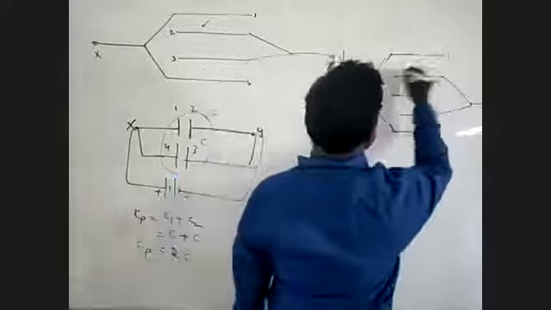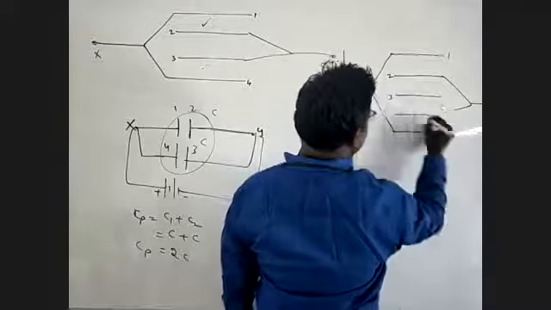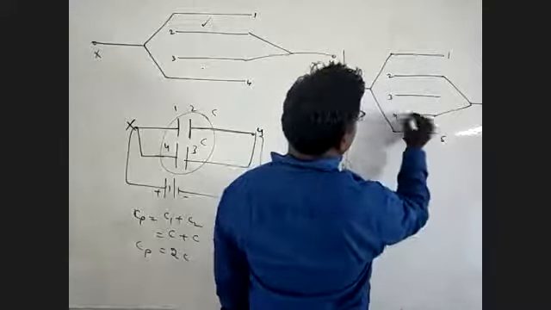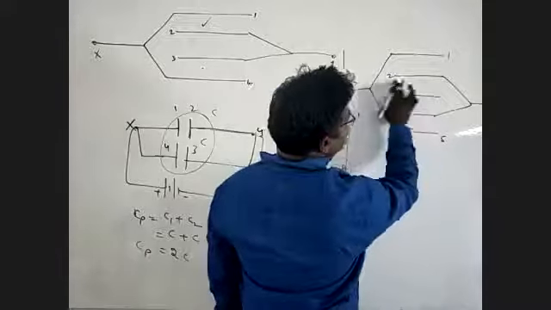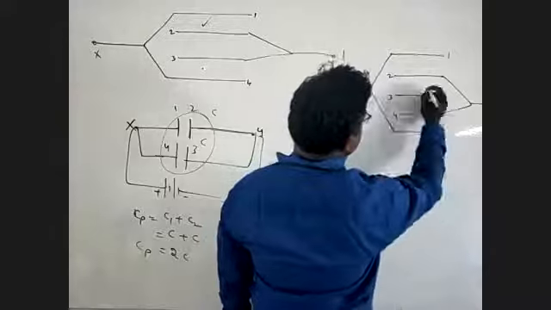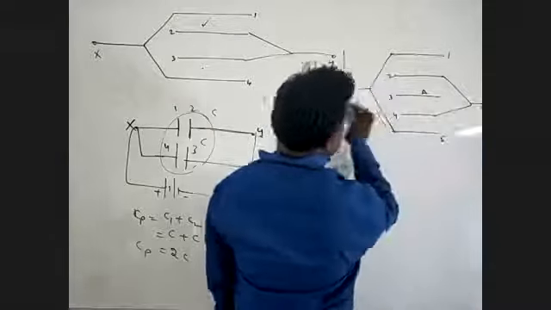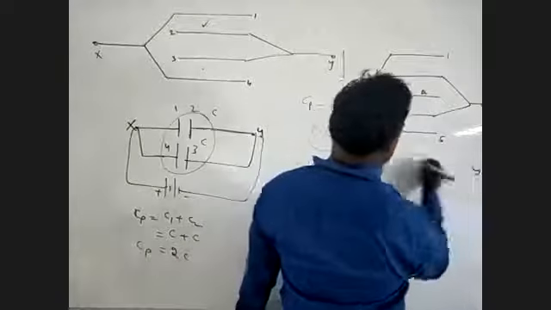Now, first plate, second plate, third plate, fourth plate, fifth plate. 1 is connected to X, 2 is connected to Y, 3 is connected to A, fourth is connected to Y, fifth is connected to X. X, Y, and A.